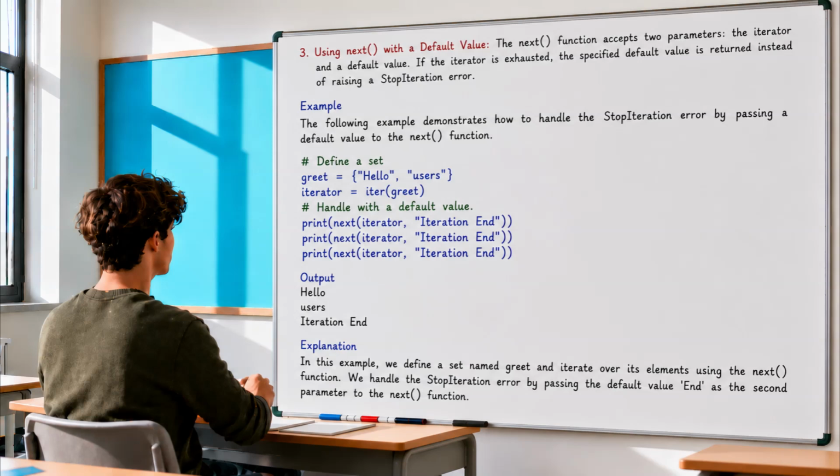Output: Hello, Users, Iteration end. Explanation. In this example, we define a set named greet and iterate over its elements using the next function. We handle the stop iteration error by passing the default value, an empty string of quotes, as the second parameter to the next function.